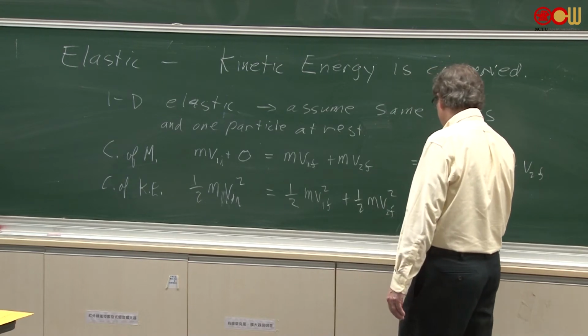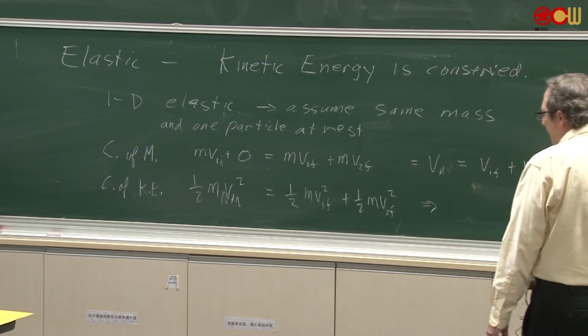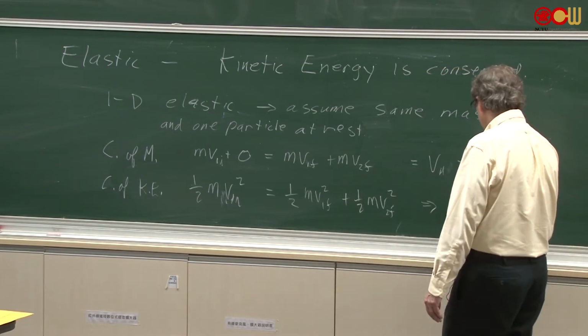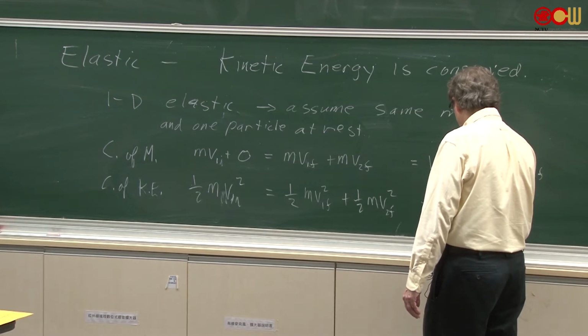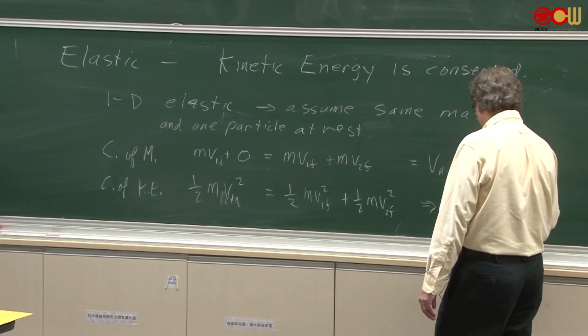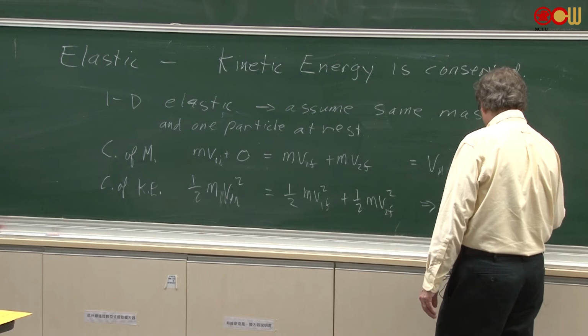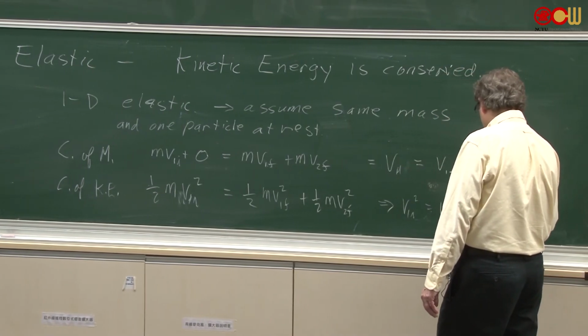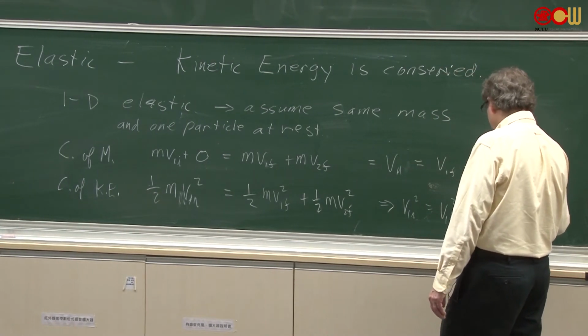All right, we can get rid of all the 1/2s and the m's. So we get v1 initial squared equals v1 final squared plus v2 final squared.